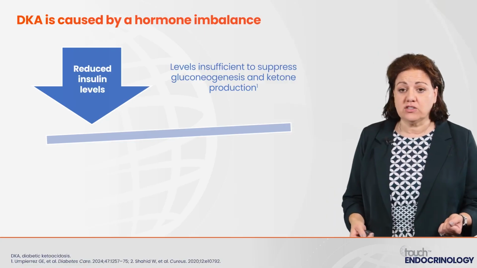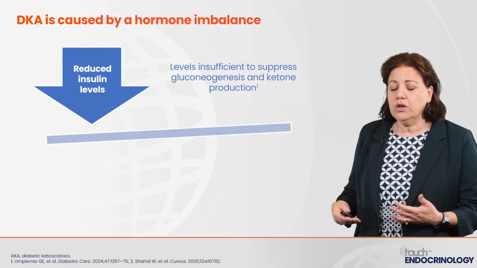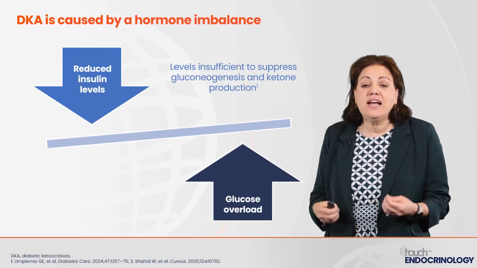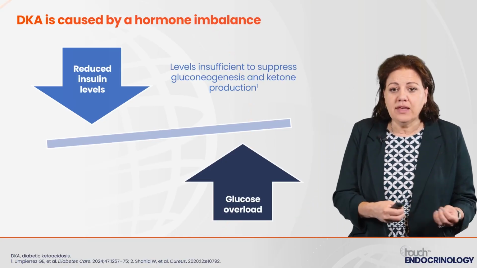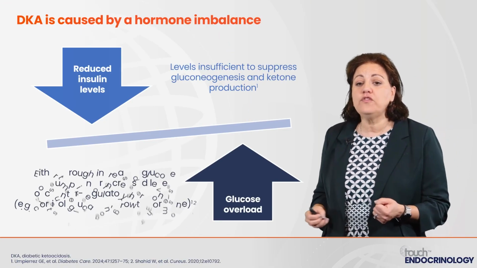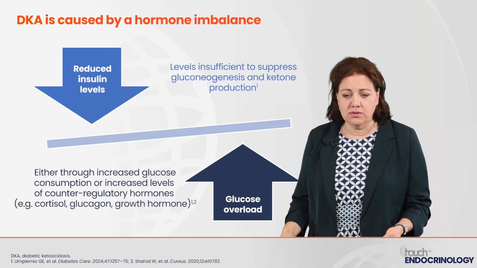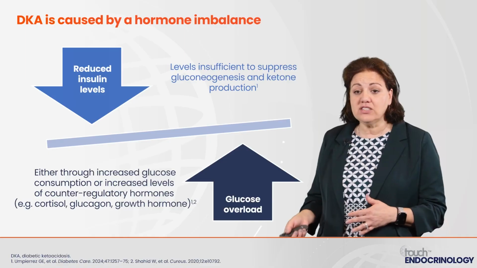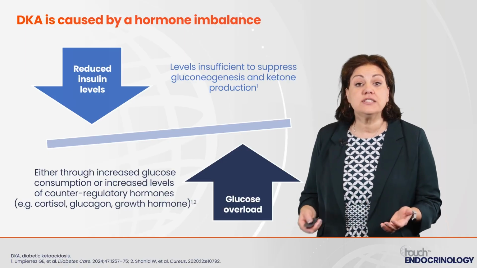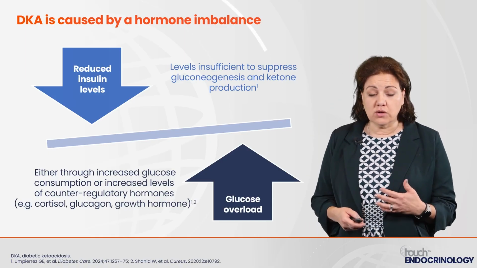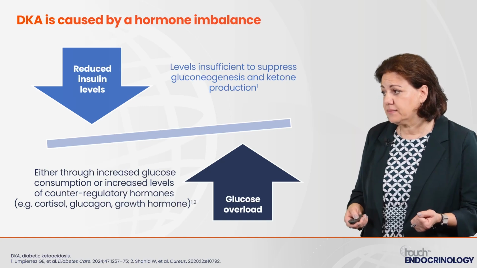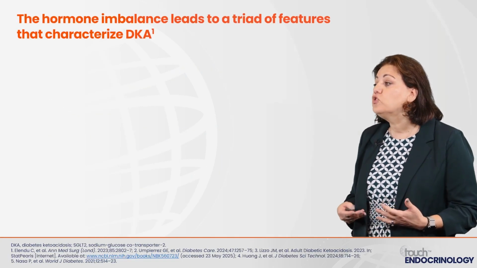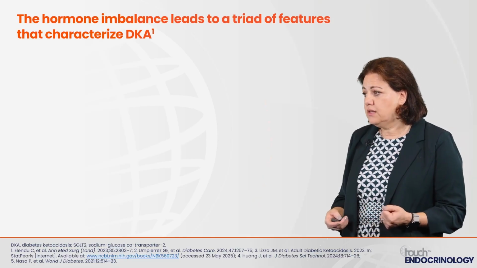This is further exacerbated by a glucose overload, which occurs as people are eating foods, but because there's no insulin available, they cannot effectively or efficiently utilize that glucose. In addition to that, there's an increase in counter-regulatory hormones, which spike during times of stress and cause glucose levels to further increase.